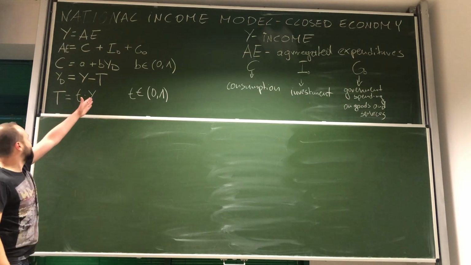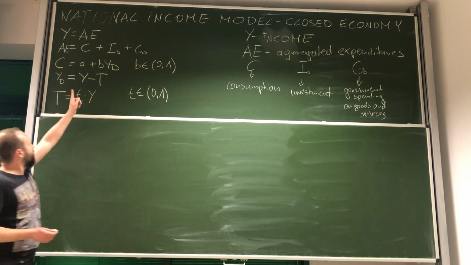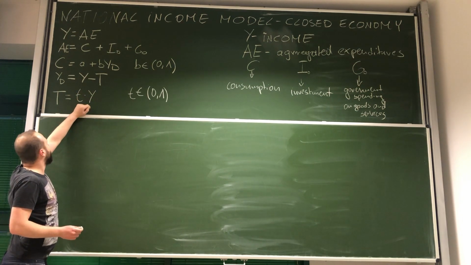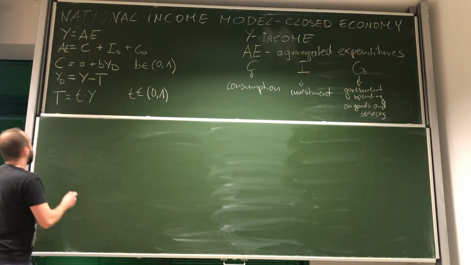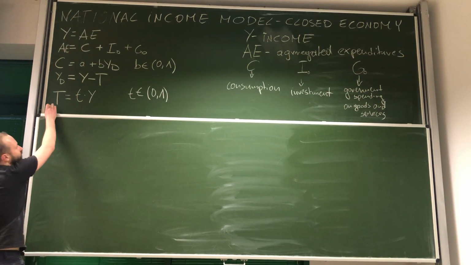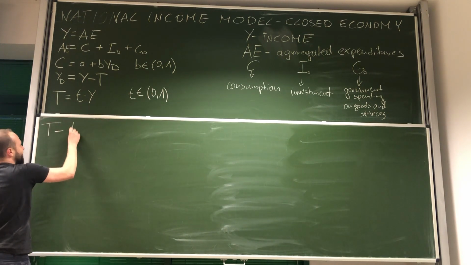YD is y minus T, and in turn we know that T is equal to lowercase t times y. Okay, so YD is income minus T, and T are taxes. Okay, let's go about it like this. We know from here that T are tax revenues.